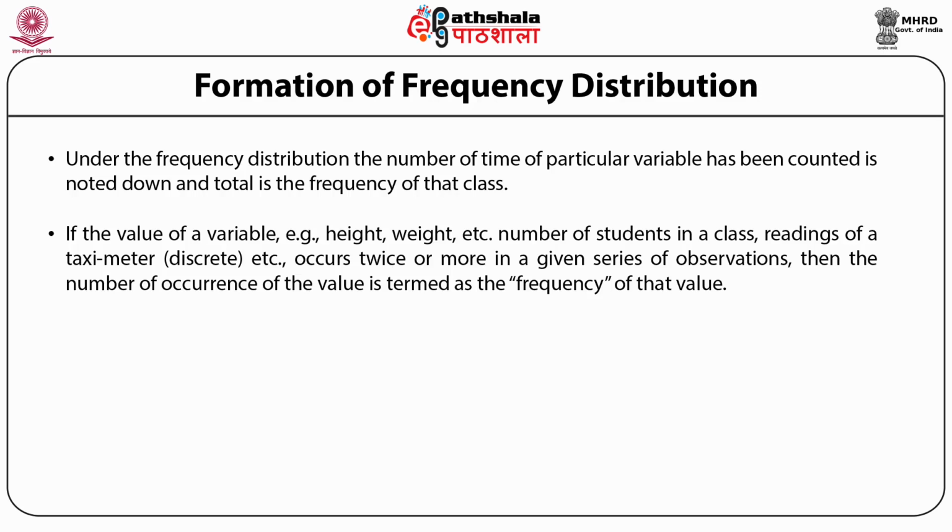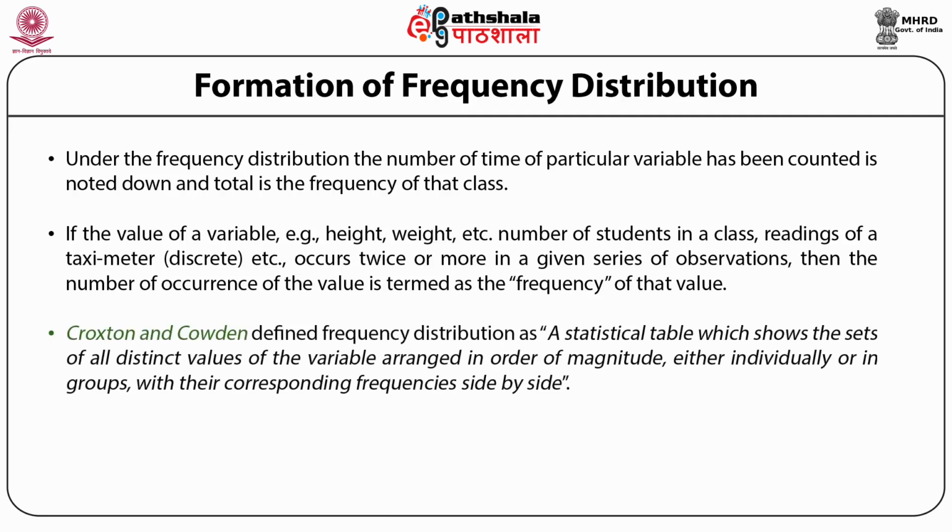The way of tabulating a pool of data of a variable and their respective frequencies side by side is called a frequency distribution of those data. Croxton and Cowden defined the frequency distribution as a statistical table which shows the sets of all distinct values of the variables arranged in order of magnitude, either individually or in groups, with their corresponding frequencies side by side.